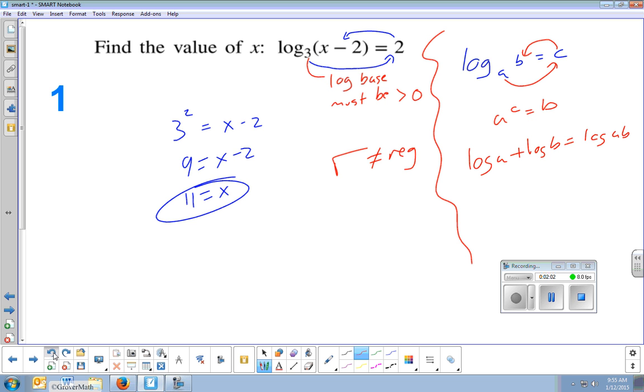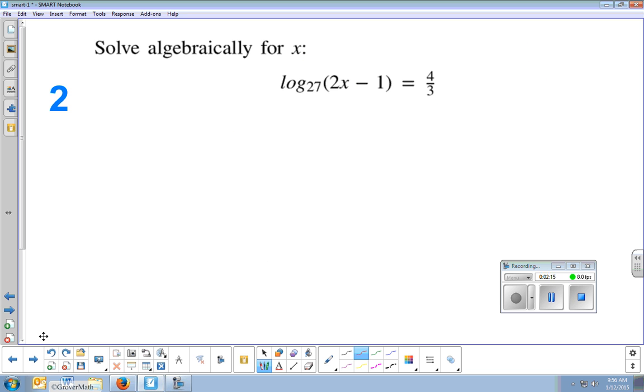Well, it's just like that. So just keep in mind that a log base must be greater than 0. It cannot equal 0, and it can't be negative. So if x is ever the base, you have to check your answers and make sure you reject one or two.